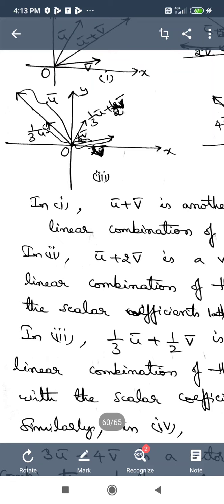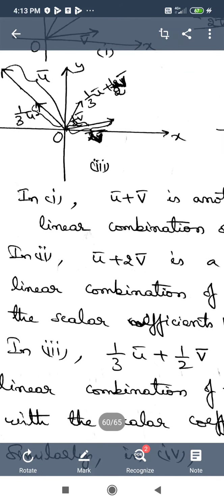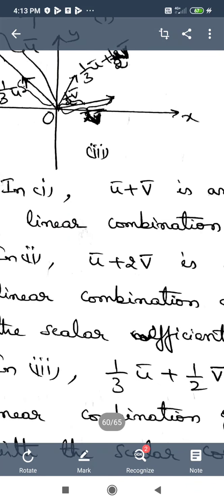And on the right hand side we can see v bar is the vector just above the x-axis, and above that we can see another small vector, half of the length of v bar itself, which is half v bar. So scalar multiple 1 by 2 of v bar.